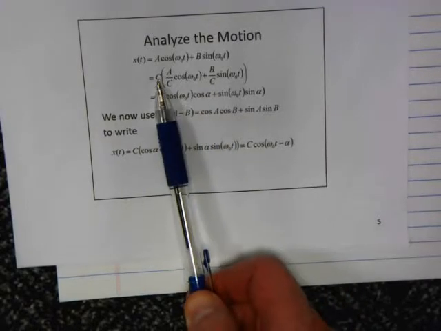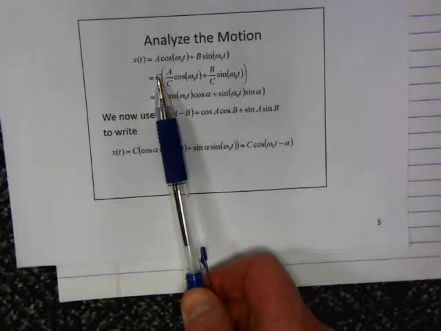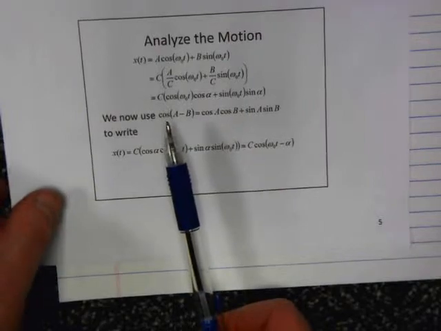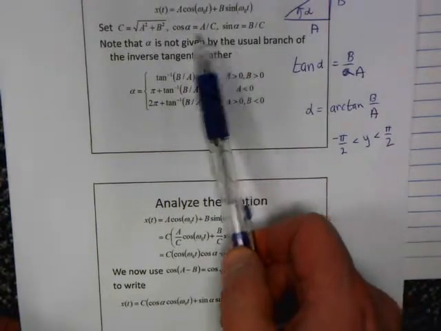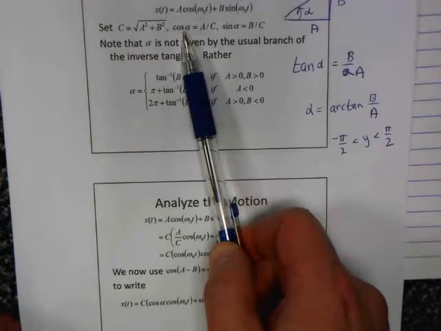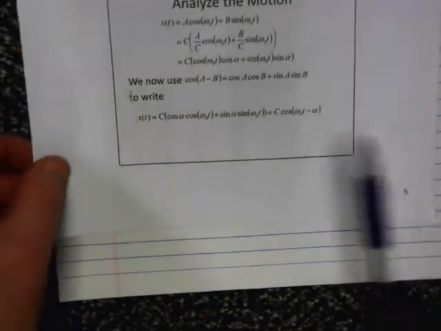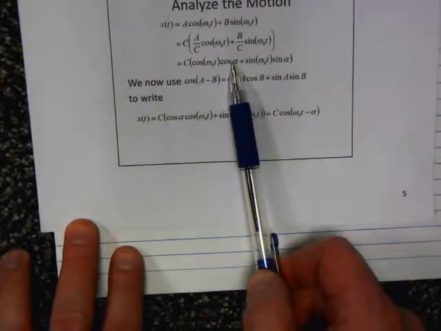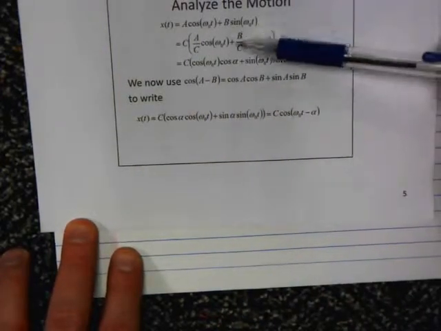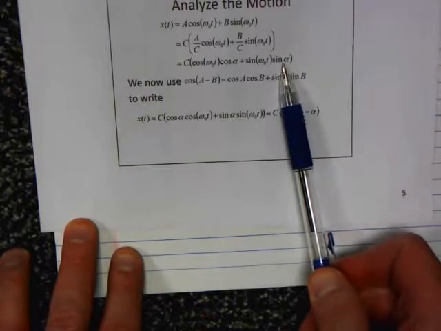I got to multiply by C. So there's the C that I'm multiplying by. Then we go back up here. A over C was cosine alpha, and B over C was sine alpha. So instead of my A over C, there's my cosine alpha. And instead of my B over C, there's my sine alpha.